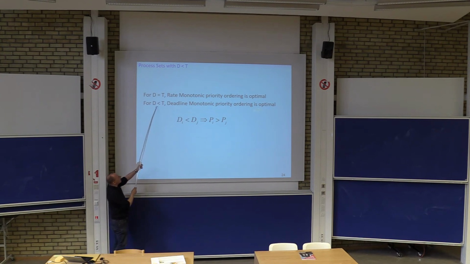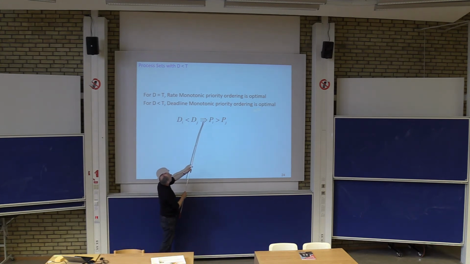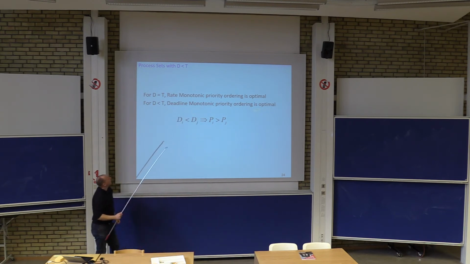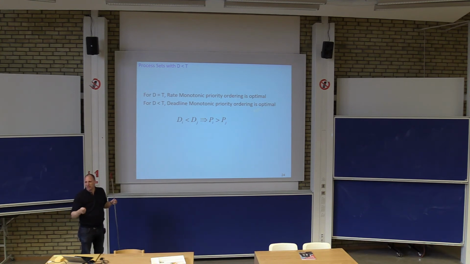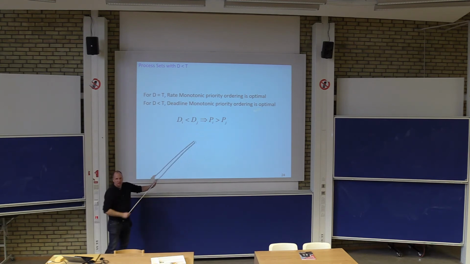But if the deadline is less than the period, and you set a higher priority for a shorter deadline, then this is an optimal way of doing it, optimal in the same sense as rate monotonic scheduling was optimal. So in terms of feasibility: if there is a static way of assigning priorities that will meet its deadline, you will find it by setting the priorities in this way.